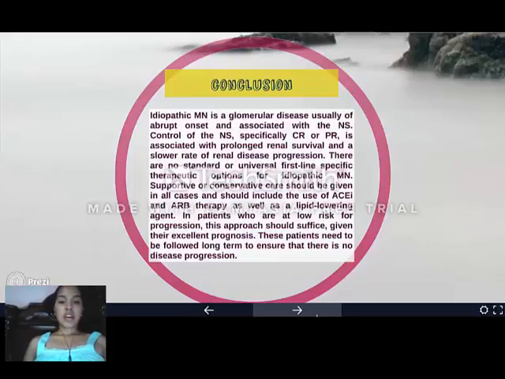For patients who are at low risk for progression, this approach should suffice, given their excellent prognosis. These patients need to be followed long-term to ensure that there is no deterioration.